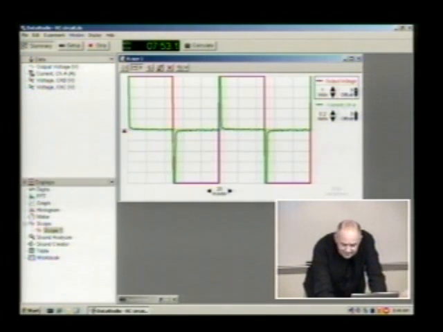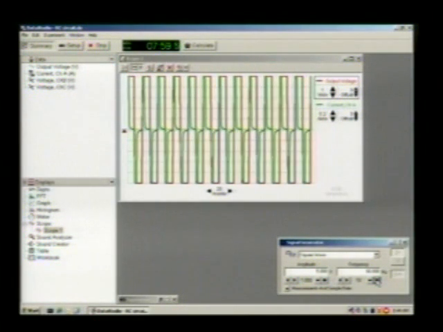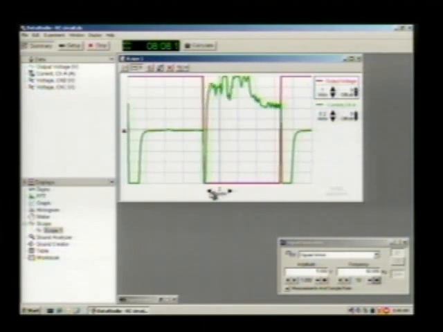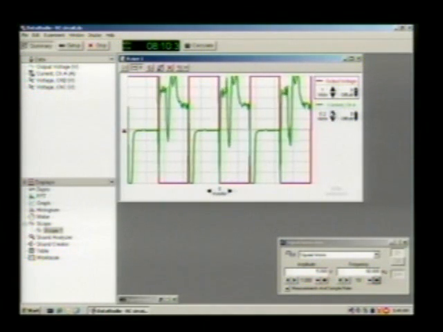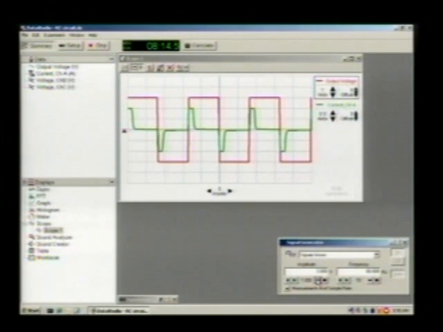Right now it's 10 Hertz. And I will now, it's 60 Hertz now. So I will stretch this plot a little bit. Let's decrease that voltage a little.